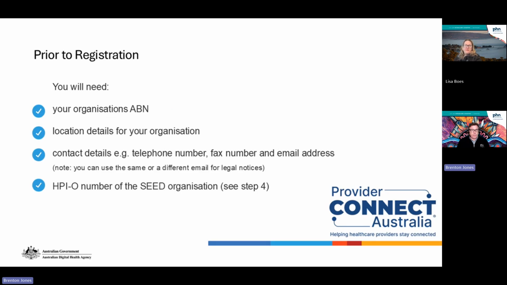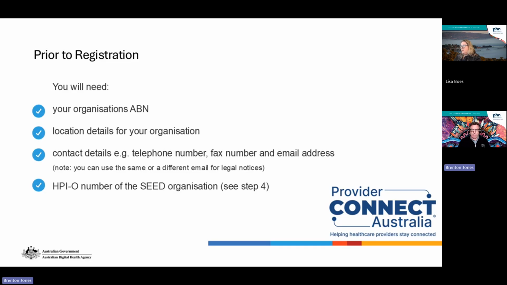All right, now it's recommended that before you kick off the registration process, have ready, especially if you're the OMO and this has already been delegated internally within your organisational structure by the owners of the organisation, the directors, your organisation's ABN, the location details for your organisation, the contact details, so telephone number, fax number, email address, that sort of stuff.